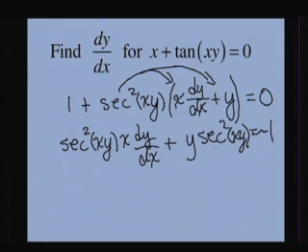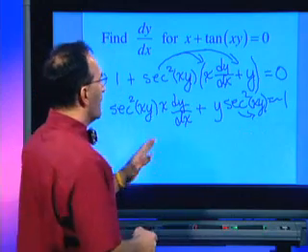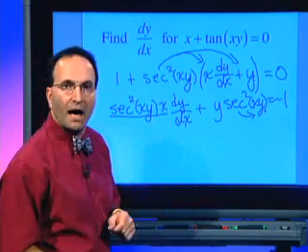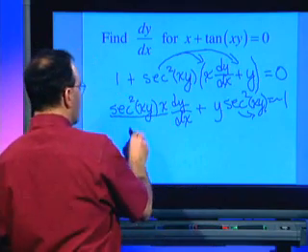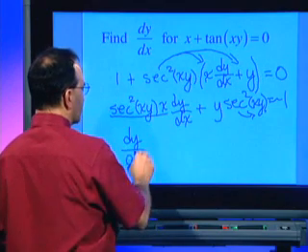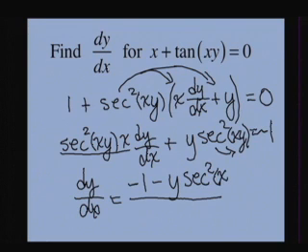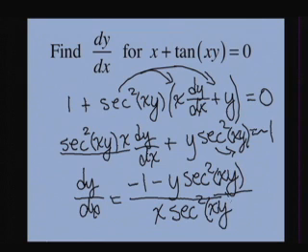Then I can move this to the other side, which will then allow me to divide both sides by this coefficient of dy/dx. So dy/dx will equal negative 1 minus y times secant squared of xy, all over this coefficient, which I'm going to rewrite as x secant squared of xy.